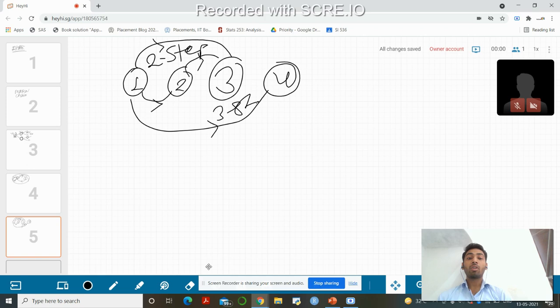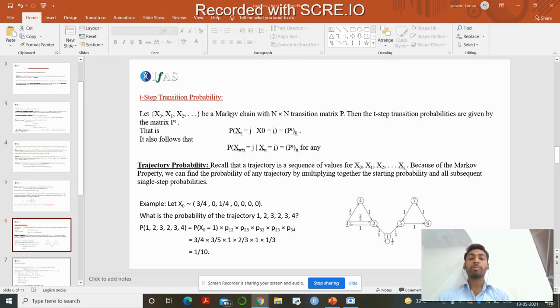The state space need not be finite; there can be an infinite state space, so it can be n steps.